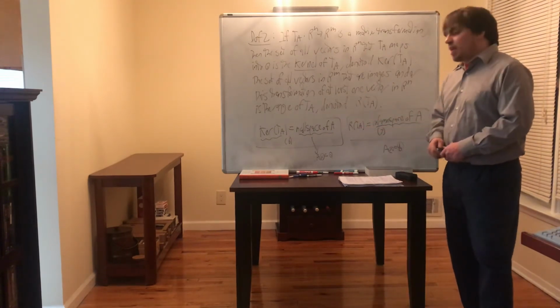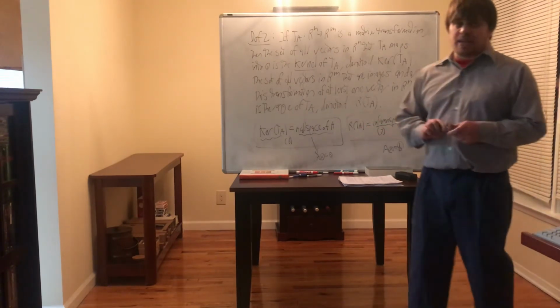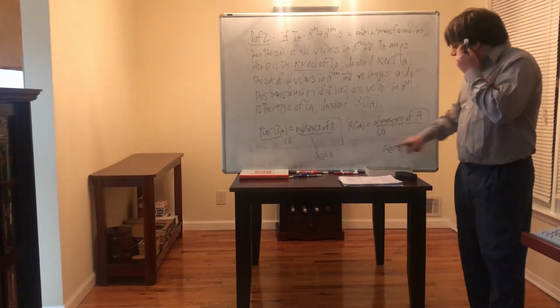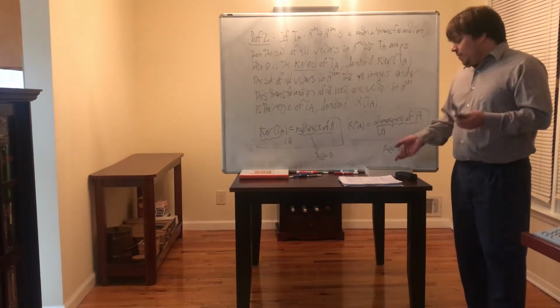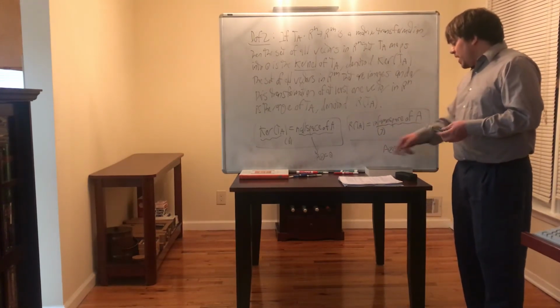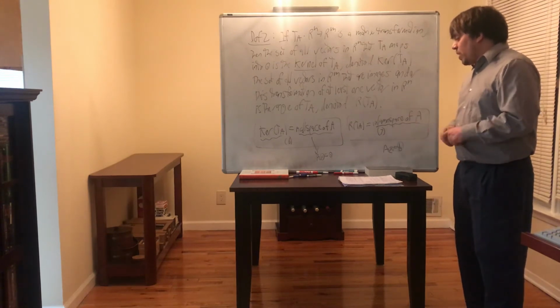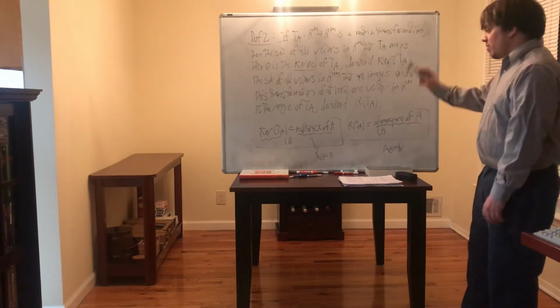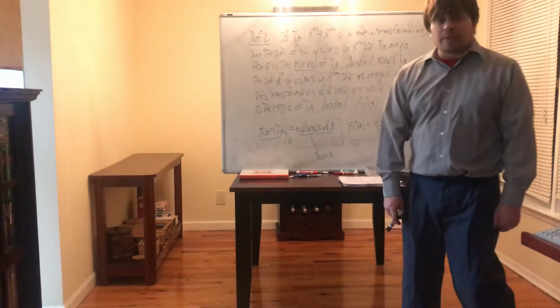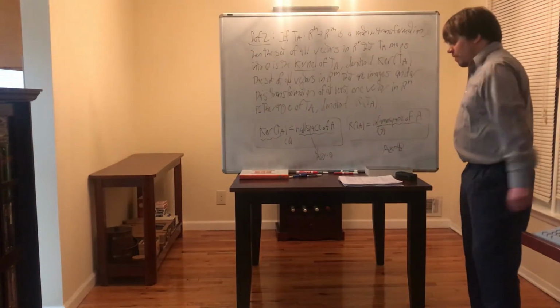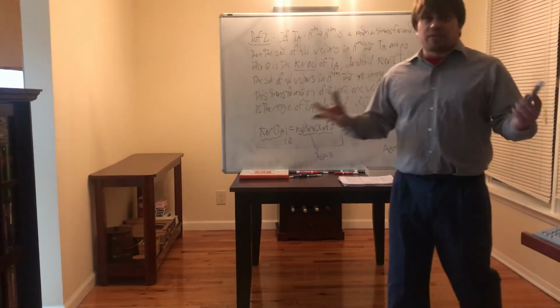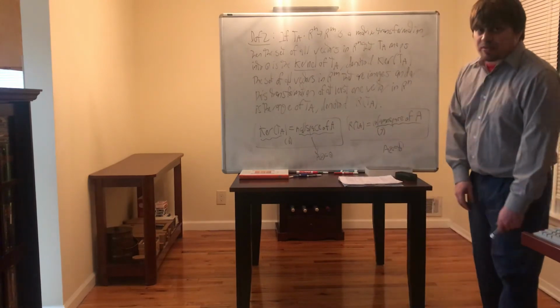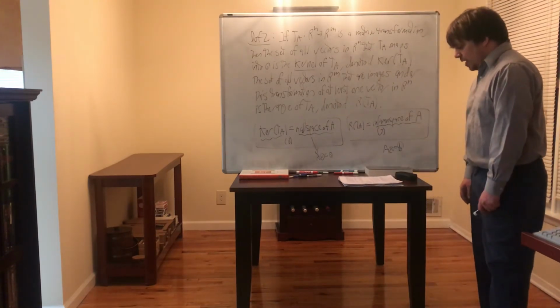The range of T sub A is the same as the column space of A. The set of all AX's is all the possible linear combinations of the columns of A. They're both the same exact thing. Okay? And so that's how you get 6 and 7. They're just two different ways of referring to the exact same set. Two different names for the exact same set.